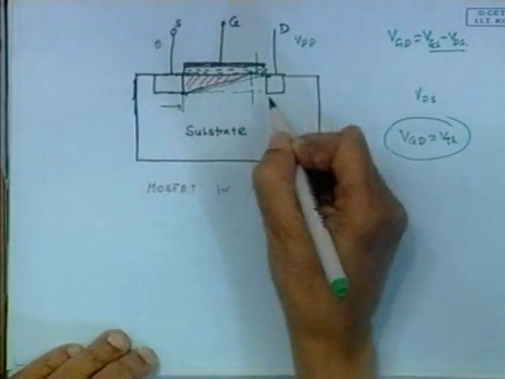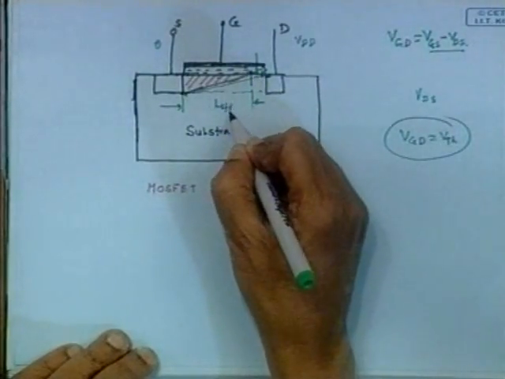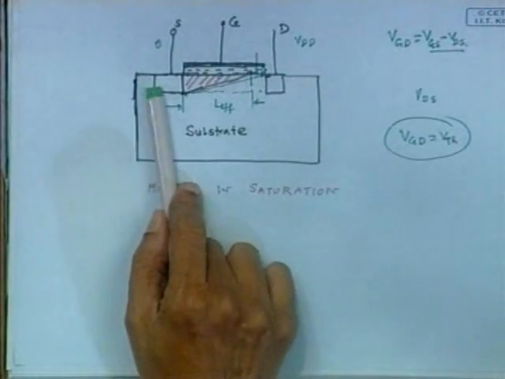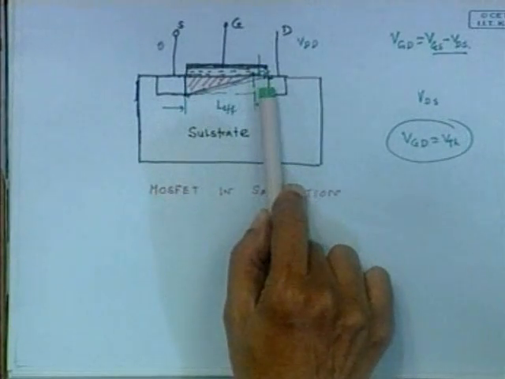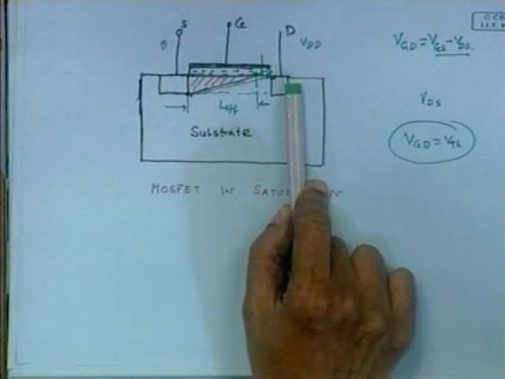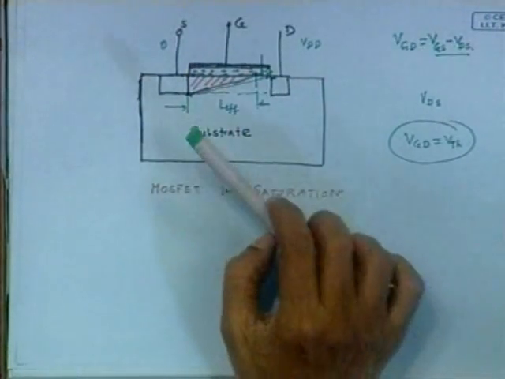So, this is the L effective. It is in this region that the electrons emitted from the source move towards the drain. In this region they acquire enough velocity, and then they reach the drain. So, this is the mechanism of saturation, and no more current therefore flows.